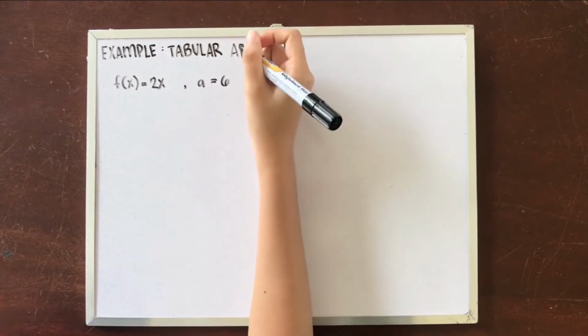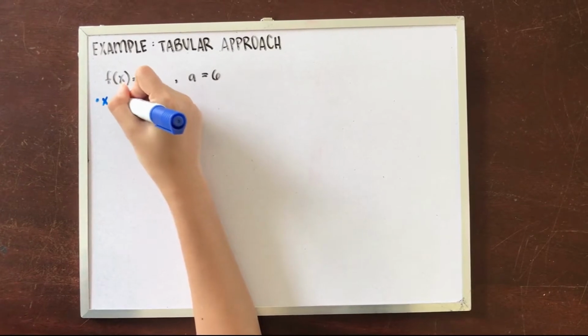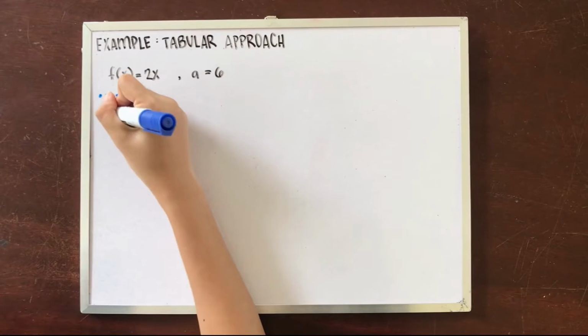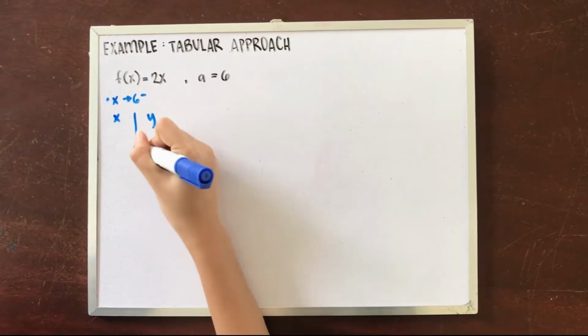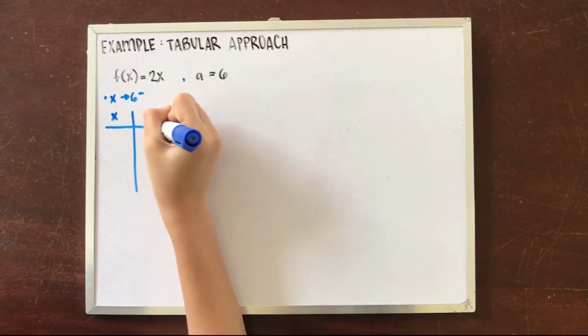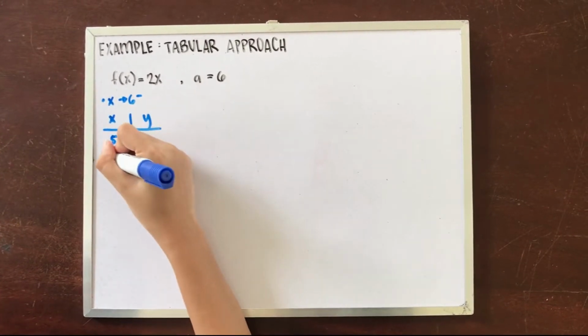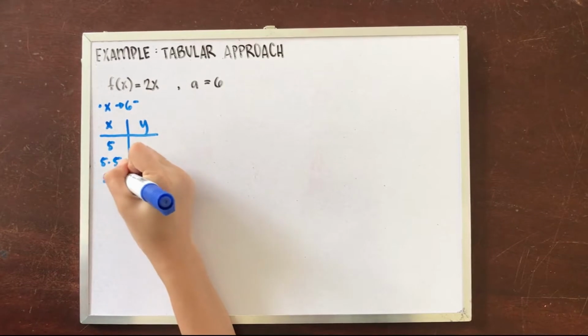Let's draw a table first. On this side, we have the table of values where x approaches number 6 from the left. We'll start with 5 onwards since it is the nearest value from the left as it approaches number 6.